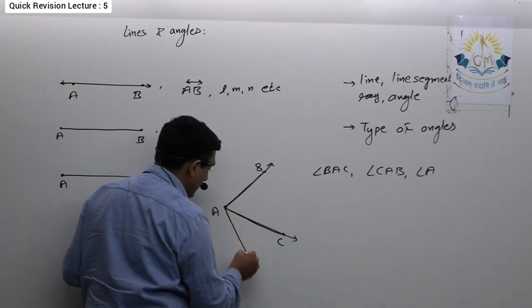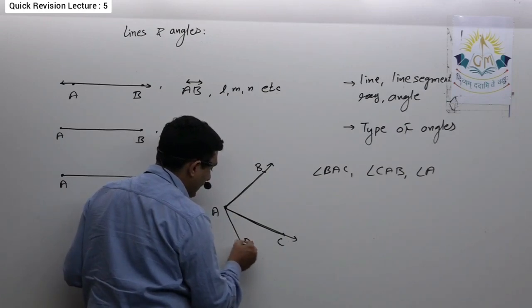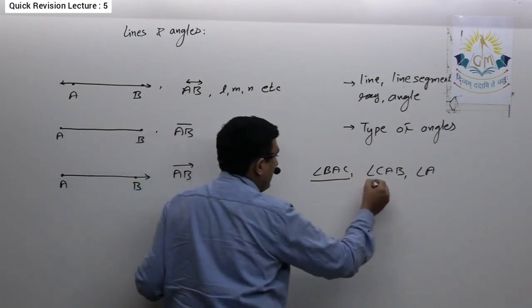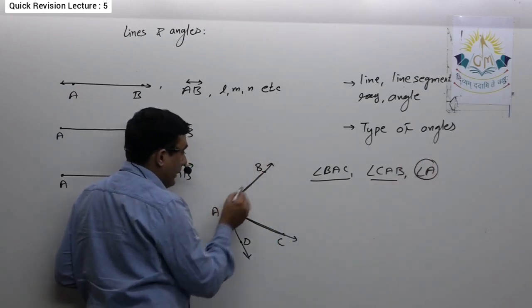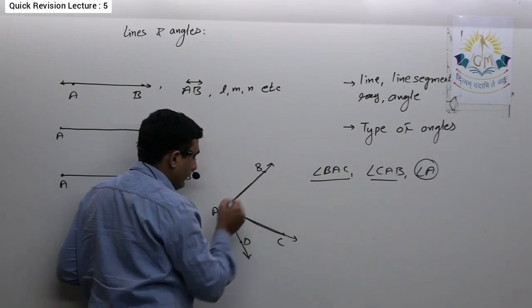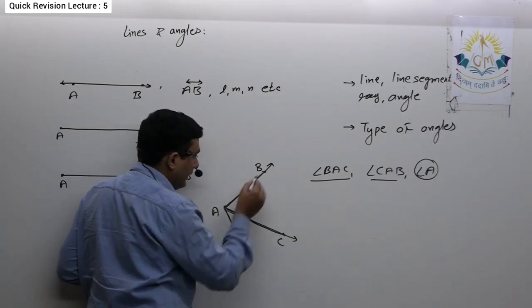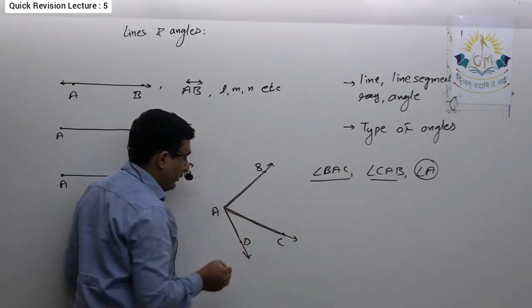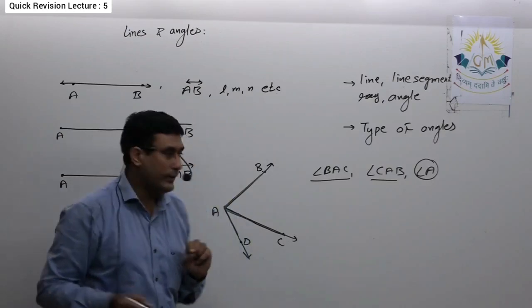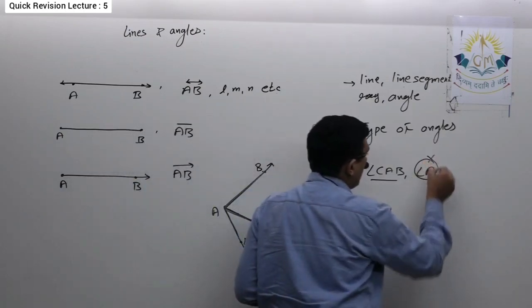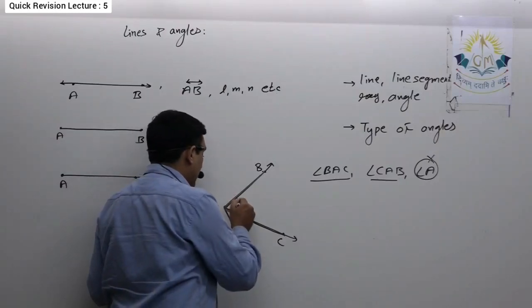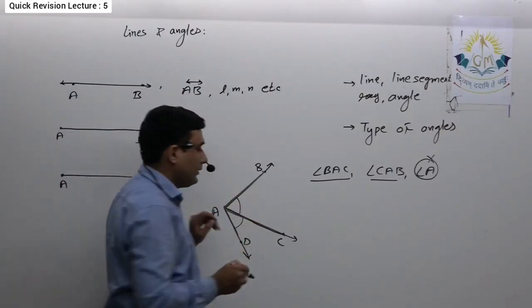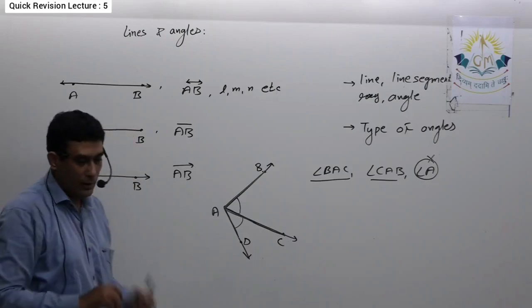Now suppose there is one more ray AD, then angle BAC and CAB cannot be written as angle A, because at point A there are three angles. One is BAC, another one is CAD, and another one is BAD. So if there is more than one angle at one vertex, then single letter representation does not give you the perfect identification of which angle we are talking about.